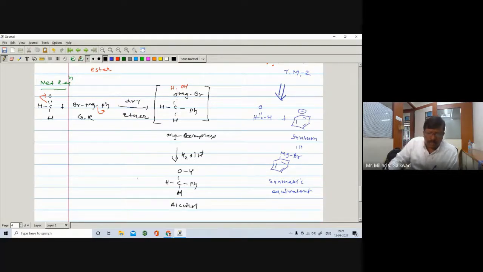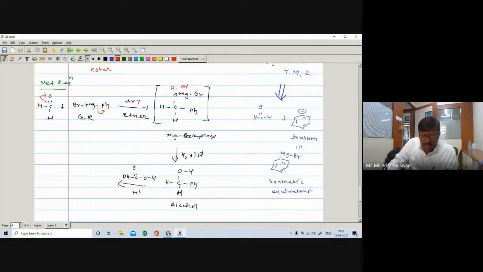But you want ester. So further it reacts with acid, Ph, C double bond O, and OH. The reaction takes place in the presence of acid. So OH from this, H from this, there is a removal of water.